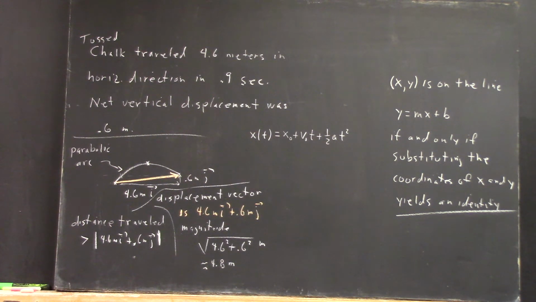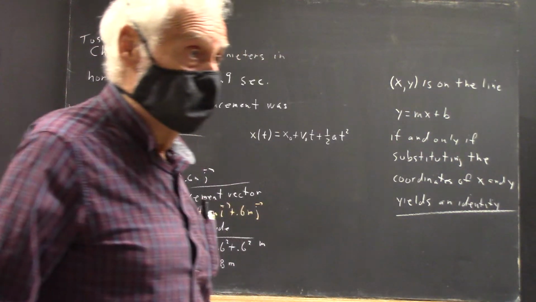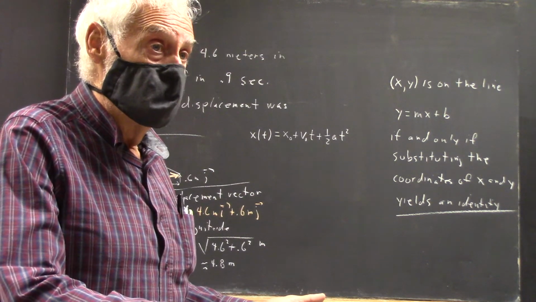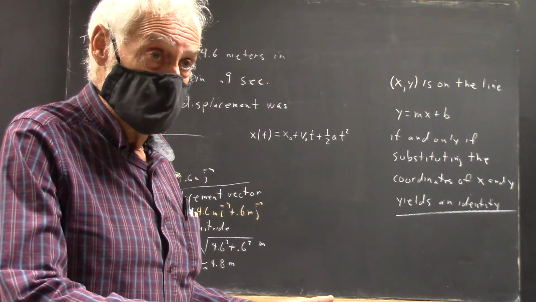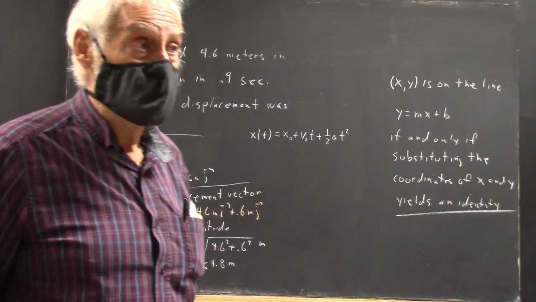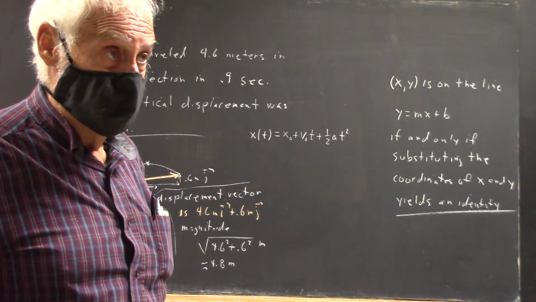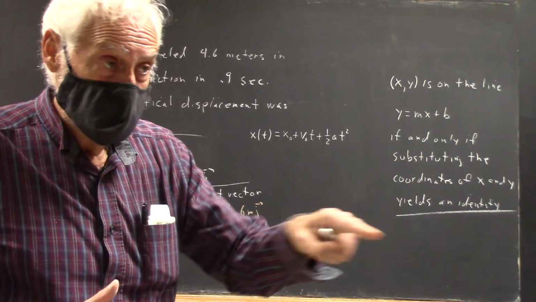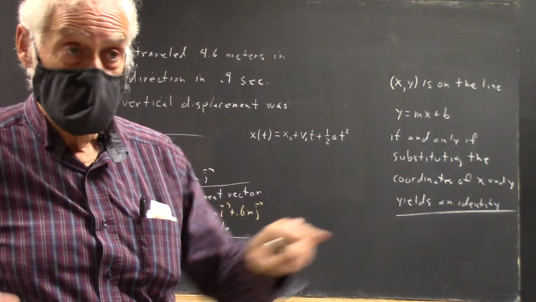But after the thing has left my hand, the force of my throw is gone. The force of my throw gets it up to speed, and then that force no longer acts. So there's nothing in that direction from my hand that speeds it up or slows it down.